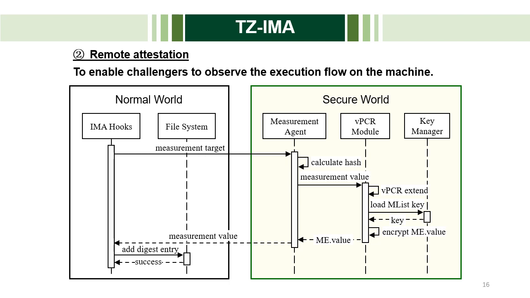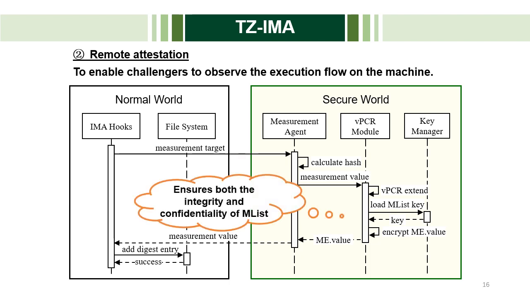The vPCR value and the measurement list can be used to prove the integrity status of a remote system. This manner ensures both the integrity and confidentiality of the measurement list and saves storage space.